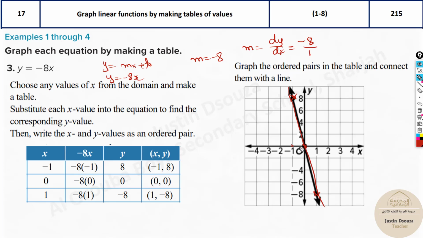So what it says is, for every 1 unit of x you go to the right, you have to go down by 8 units. Why? Because it's minus. If it was plus, it would be up. See this, each unit of y is 2, so 2, 4, 6, 8. This is the answer. That's how we get it.